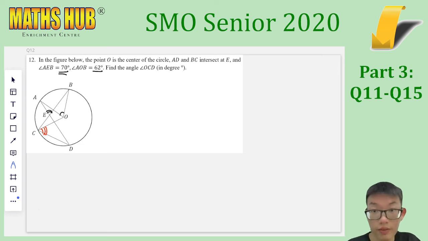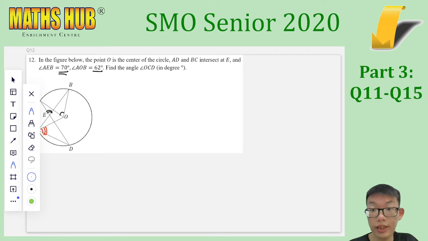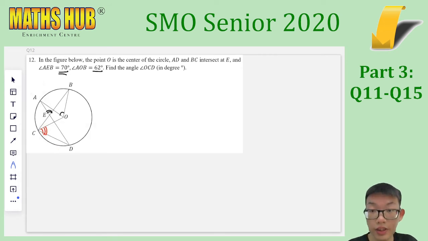To be honest, we have quite a lot of options as to how to proceed down here. Amidst all of this, your main priority should be just to find a way to get to angle OCD, because we really can find almost any angle in this circle given enough time.